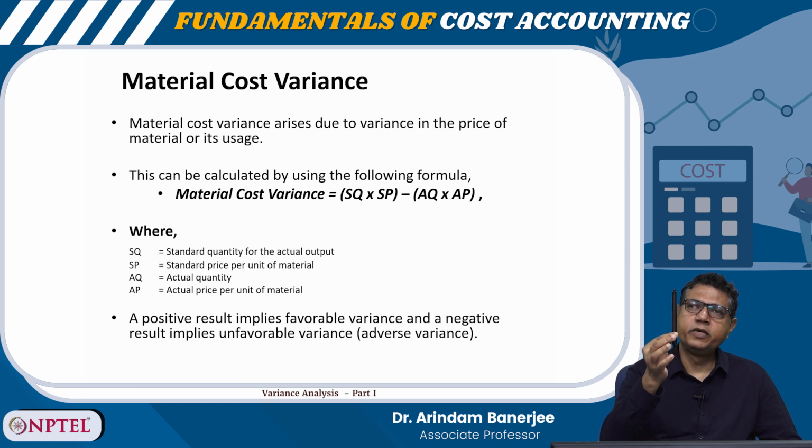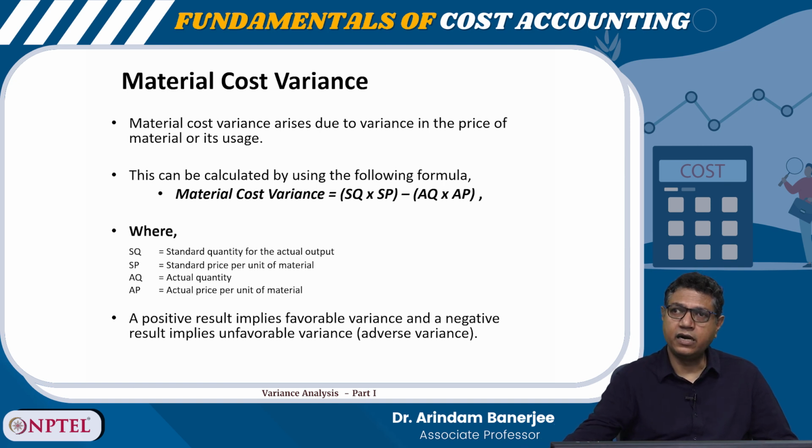So this 100 rupees per 100 gram is my standard price, and my standard quantity is 50 gram per unit. So my standard material cost will be the standard quantity 50 gram into standard price 100 rupees. So I am getting my standard material cost, fine.